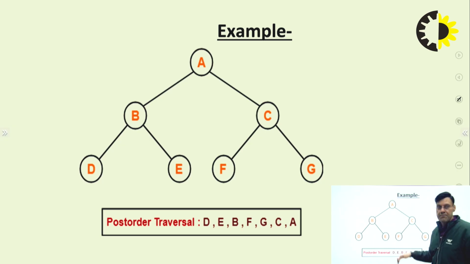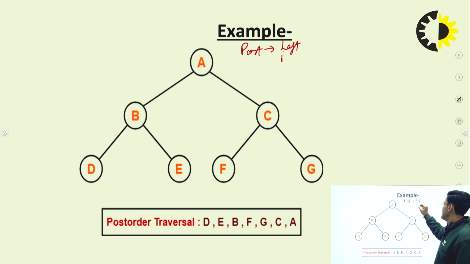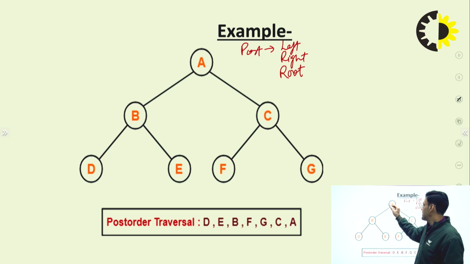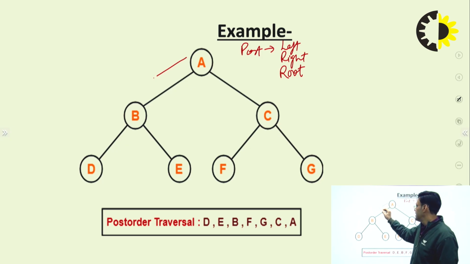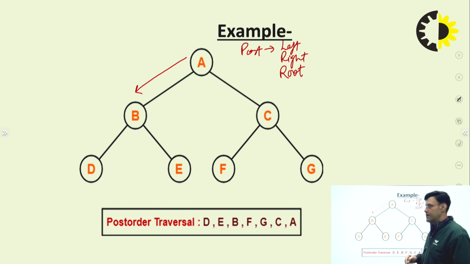Now the same example. Now we have to write the post order. Okay. So for post order, left, right, and the root priorities at last. So we will start from here. Okay. Towards left subtree, priority is given to left.